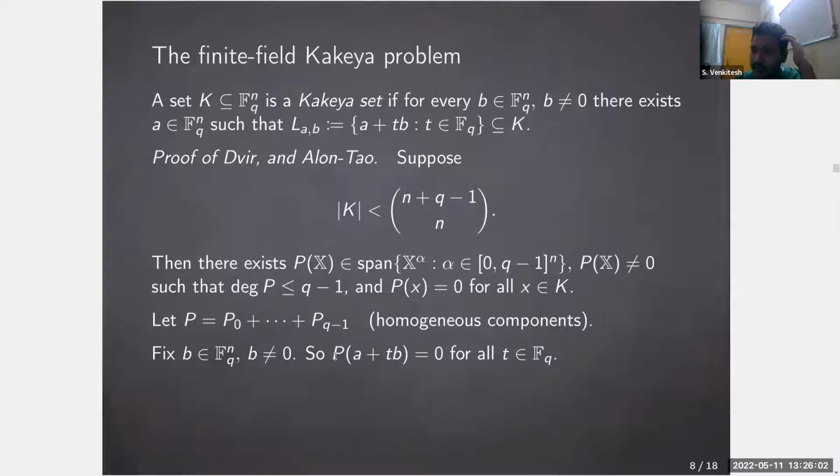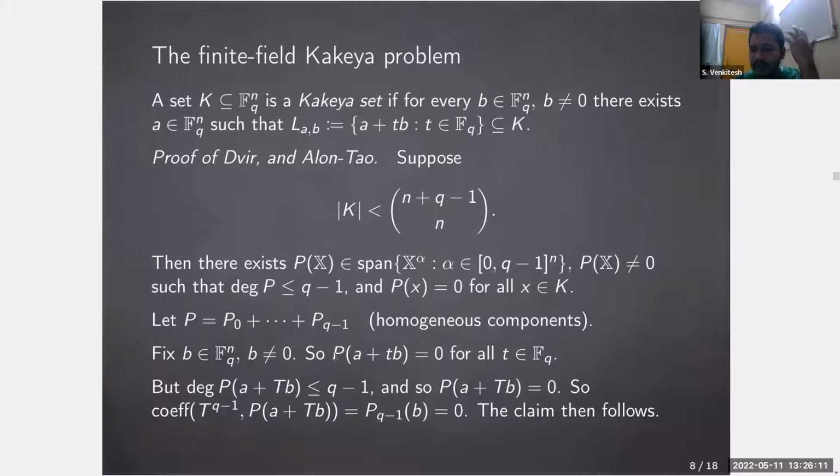But this is a line with q points, and P is a polynomial with degree at most q minus 1. So when you restrict it to this line as a univariate polynomial P of a plus tb, where you can think of t as an indeterminate, this univariate polynomial has degree at most q minus 1, but it vanishes on q points in the line. Therefore, it must be the zero polynomial.